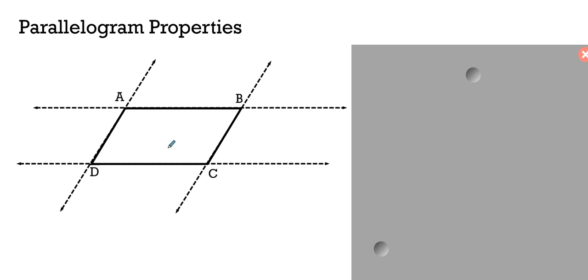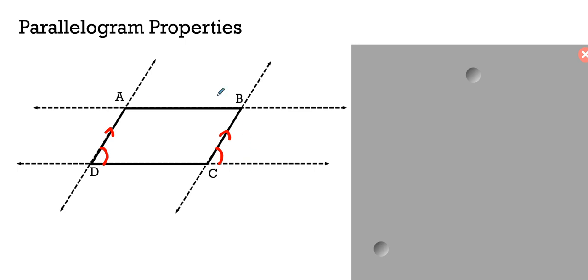And what that allows us to say is, okay, let's just take angle D. Because we know that line BC is parallel to AD, if I know the measure of angle D, I know the measure of angle C, because these are corresponding angles formed by parallel lines.